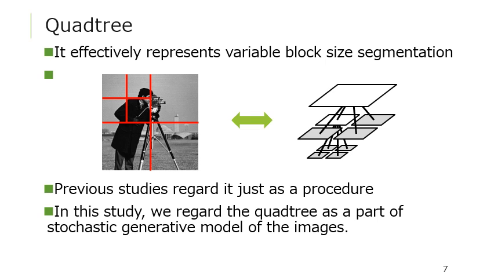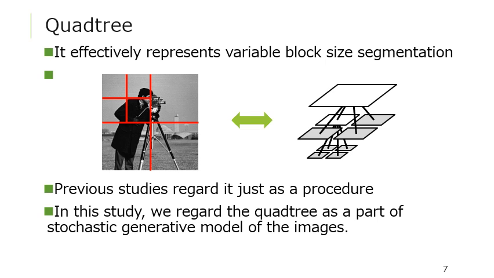Another direction to represent the non-stationarity is using the quad tree. It is used in various fields of image and video processing, and it effectively represents variable block size segmentation like this.